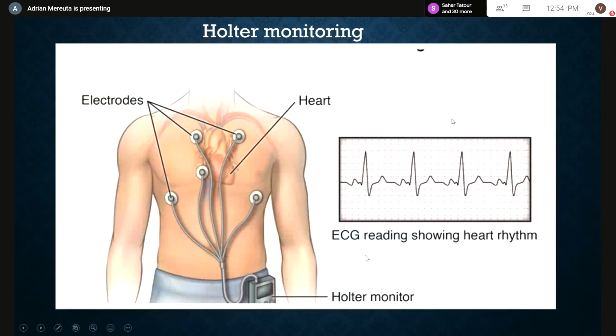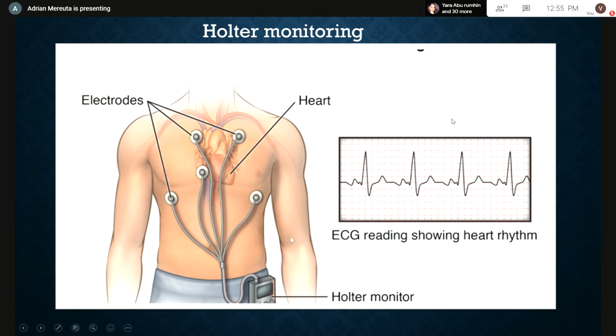Okay, about Holter, you see there are some electrodes applied on the skin and connected to a device which records the activity for 24, 48, 72 hours. After that you read it, because when you do an ECG, you just know what happened in that minute.